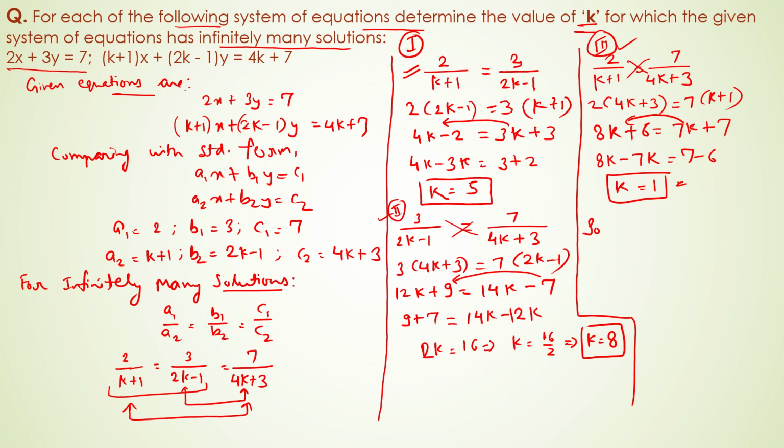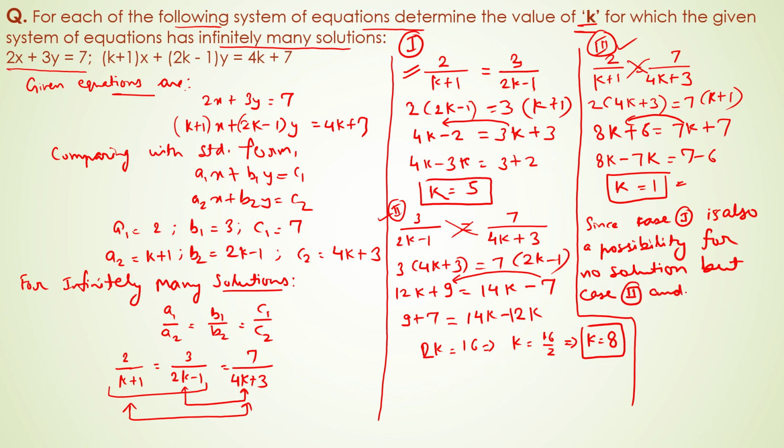So here we will write, since the first case is also a possibility for no solution, but the second and third cases are possible only in the condition of infinitely many solutions.